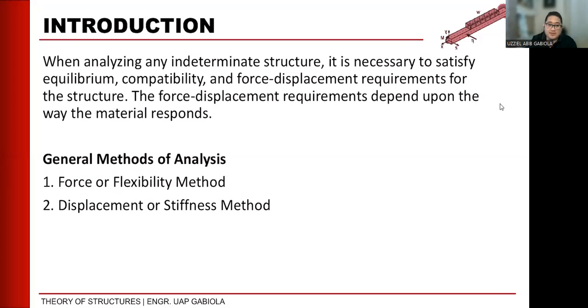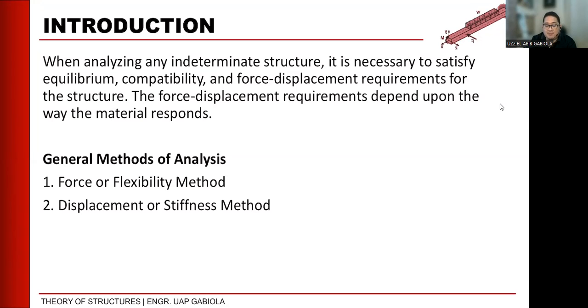We have yung force method or yung flexibility method or yung displacement or stiffness method. So, very straightforward yung meaning niyan na in number one, force method, we are relying our analysis on the response of our beam based from the forces applied to it.